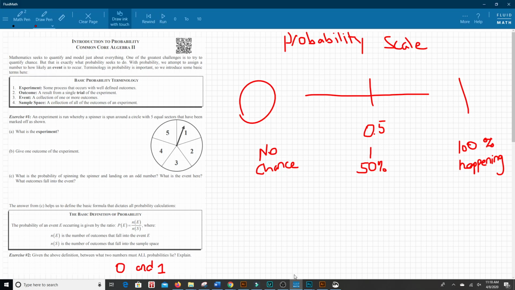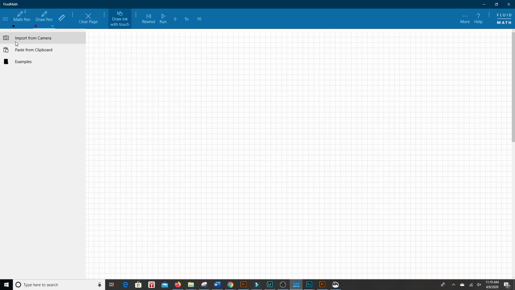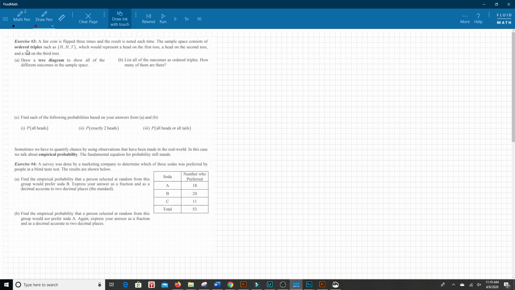Okay, look at exercise 3, the back side of the sheet. Exercise 3 says a fair coin is flipped 3 times. So I'm going to actually put that on the screen. So I'm going to get rid of this and paste the clipboard. A fair coin is flipped 3 times, and the result is noted each time.